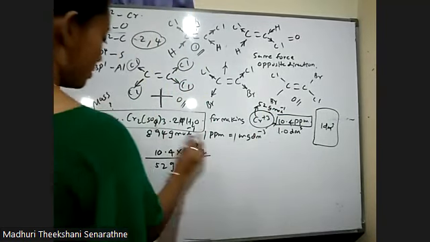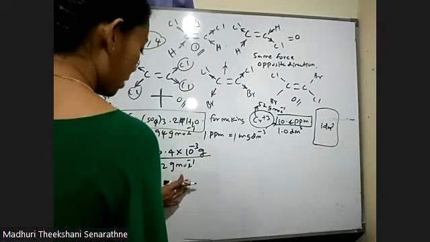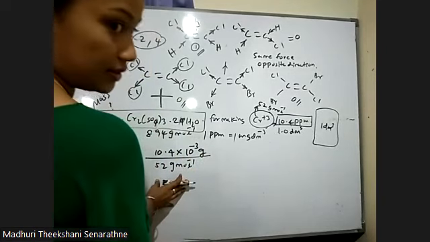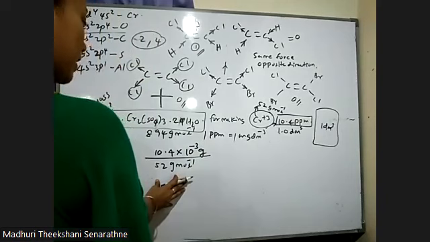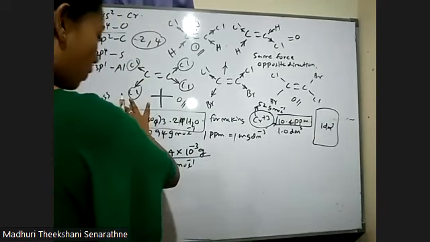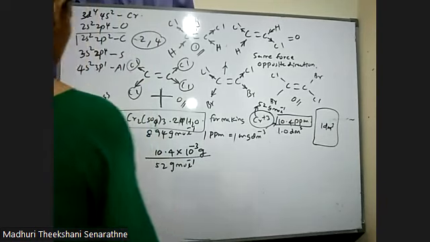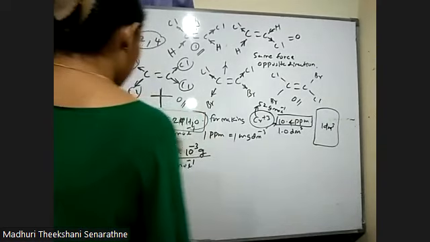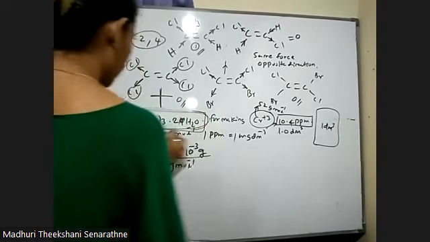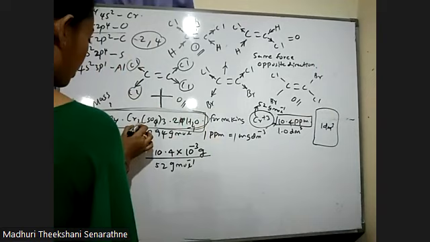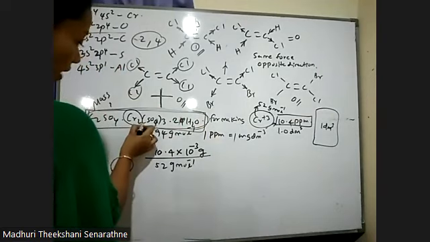Then we have calculated the number of moles of Cr3+. Then we can calculate the number of moles of the whole compound. You can see in 1 mole of compound, there are 2 moles of chromium.